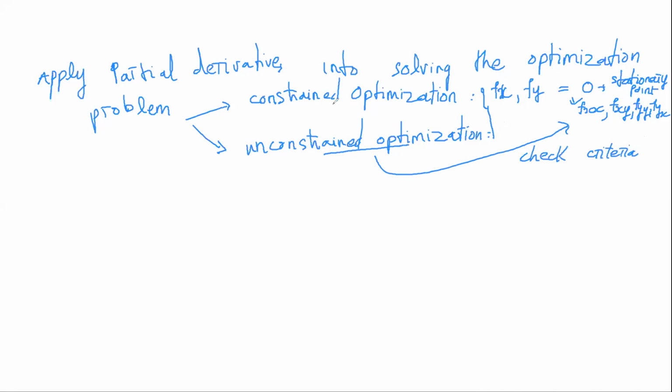Yeah. For constrained optimization, why does it become constrained optimization? So, in real life, or in practice, we see that the resources are limited, right?